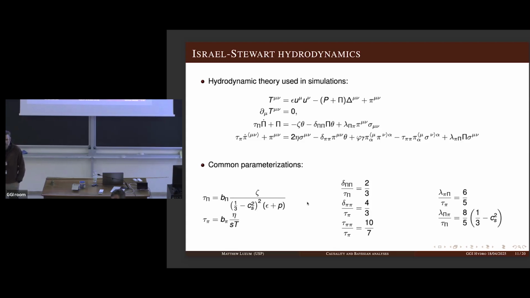It's just always causal and it always runs. But it may or may not be a good description of the underlying QCD system.